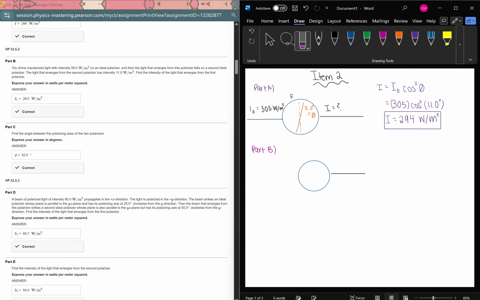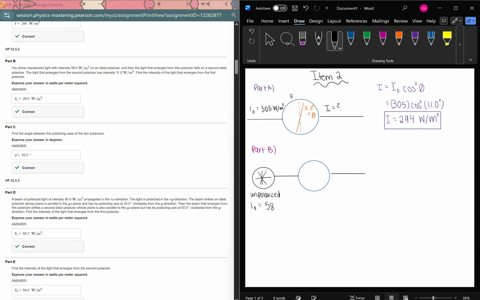This would be the unpolarized light here. I'm gonna name this unpolarized, and how much is that one?